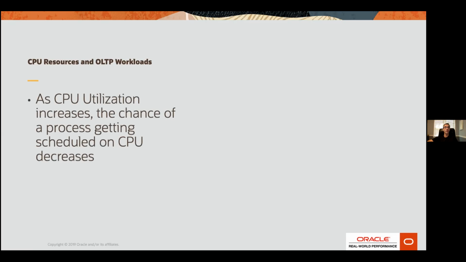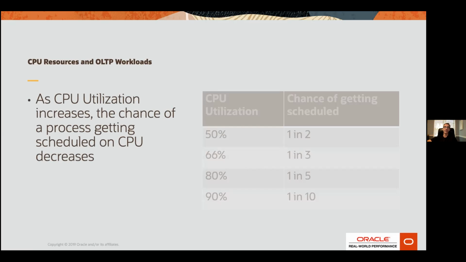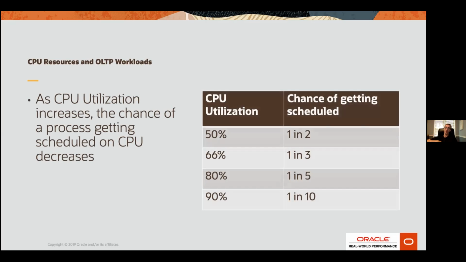So when we look at CPU utilization, your CPU utilization really describes the chance of a process getting scheduled. If my CPU utilization at the system level is 50%, that means when I have a process that has a request to do something, it has a 1 in 2 chance of getting scheduled right away.